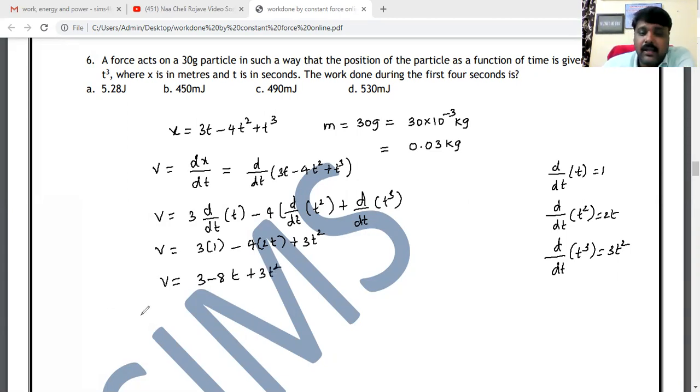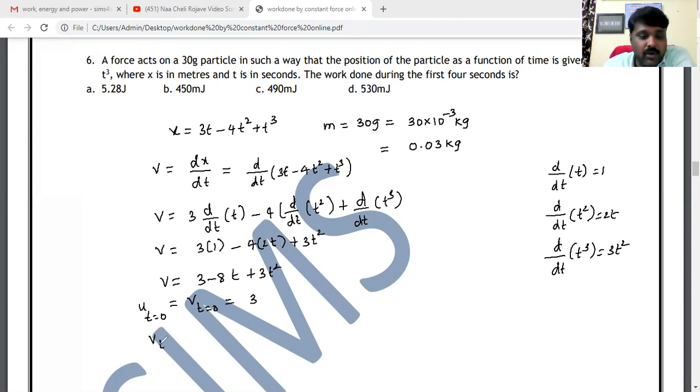Let us find the initial velocity. u can be found at t equals 0. That is, v at t equals 0 equals 3, as 8 into 0 is 0 and 3 into 0 square is also 0.